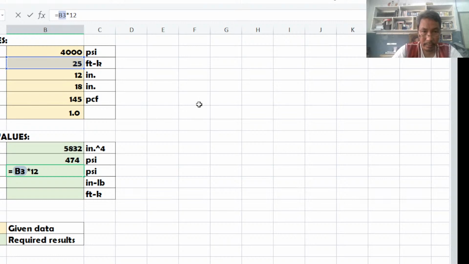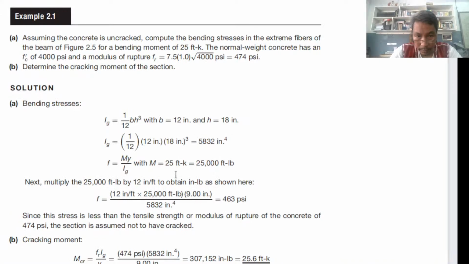My, where is the Y? My means multiply this by 9 in this example.